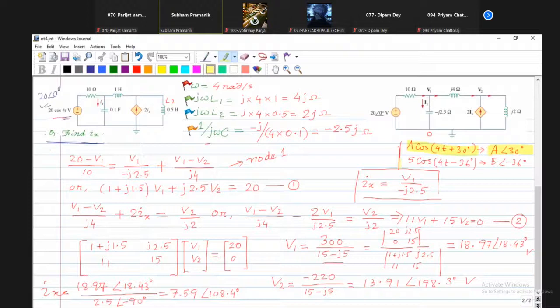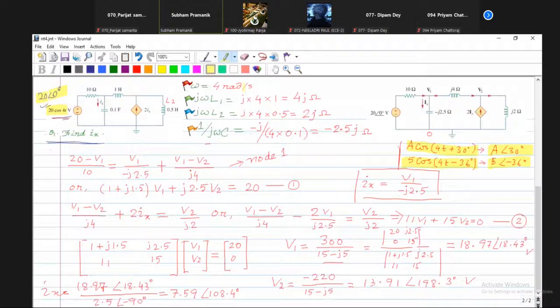Suppose 5 cos 4t minus 36 degree: the modulus is 5, the angle is minus 36. So 20 cos 4t means 20 is the modulus, 0 degree is the angle. Also, you see 20 cos 4t means the angular frequency omega is 4.